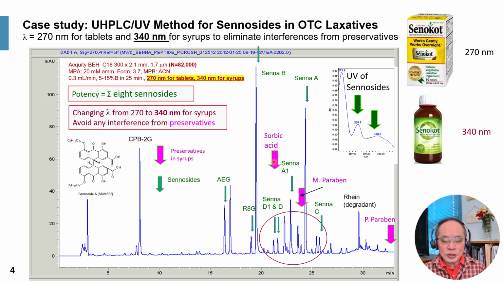Now, instead of trying to separate these preservatives from the very complex APIs, it's actually much smarter to just change the wavelength, right? So after changing the wavelength to 340, where there's no absorbance of the preservatives, the method is validated for the syrup sample without major redevelopment efforts.